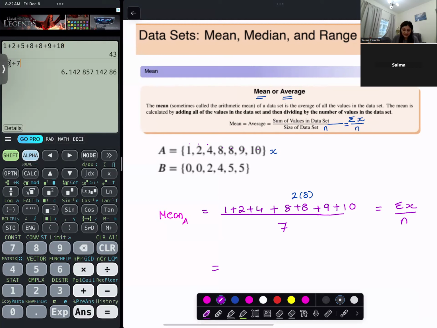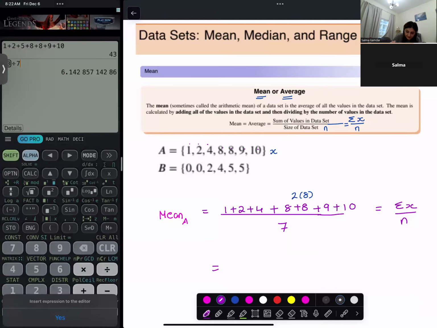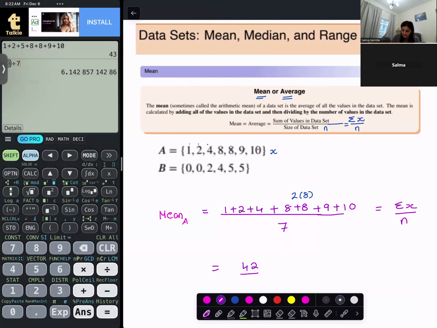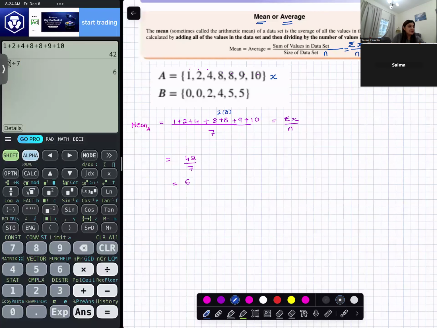So I get the mean as 1 plus 2 plus 4 and so on. So this is 42 divided by 7. So it would be 6. Similarly, you can get the mean of B.